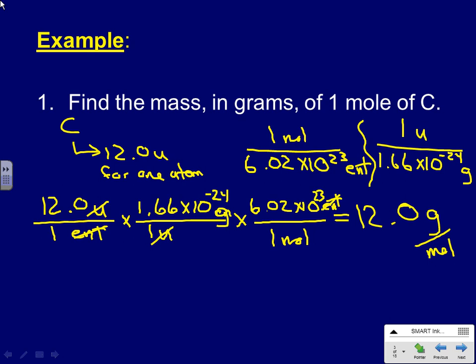That's why they chose the size of the mole to be what it is. That's why the mole is not necessarily 1 times 10 to the 23. It's 6.02 times 10 to the 23, because when you gather up 6.02 times 10 to the 23 entities of anything, its mass will be the same as its formula mass, except in grams per mole.